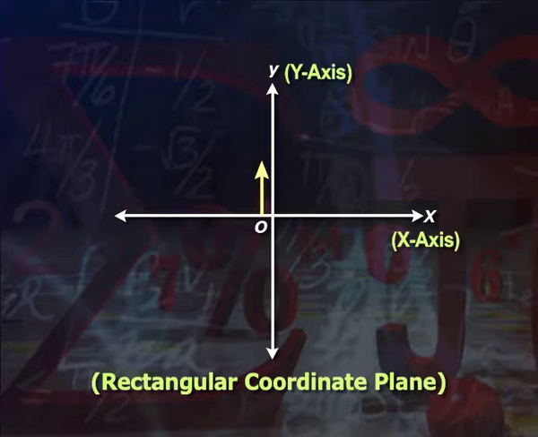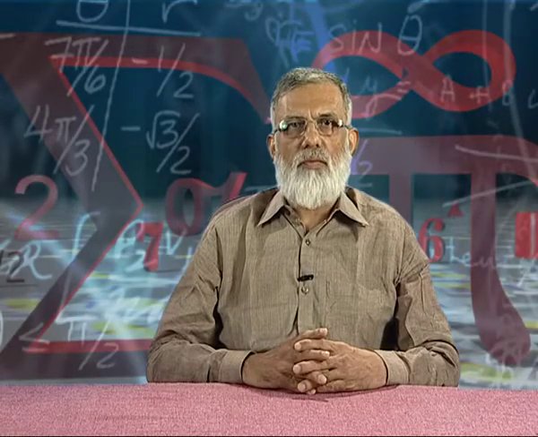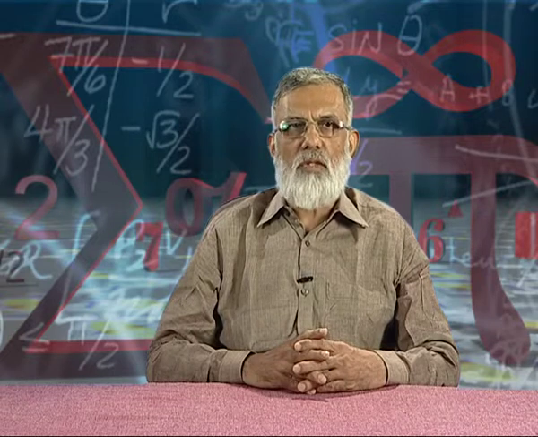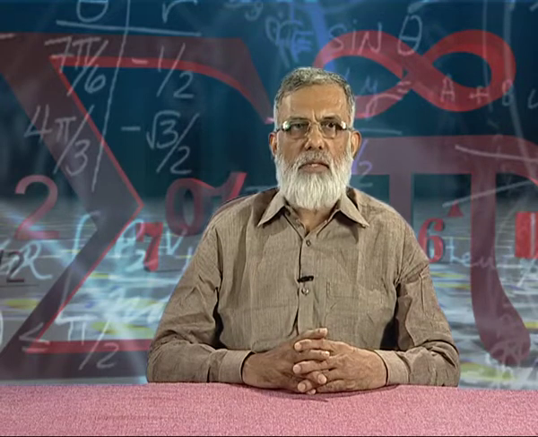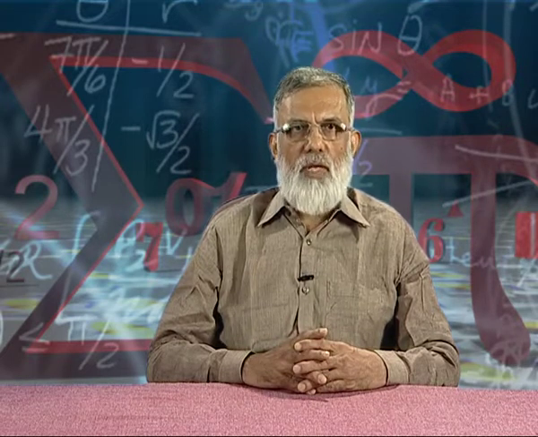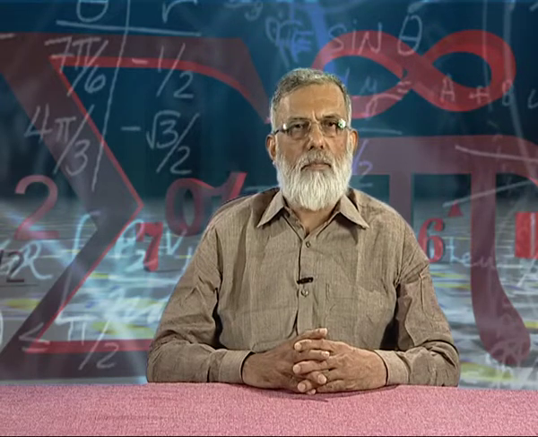Similarly, upper half of y axis is called the positive y axis and the lower half y axis is called the negative y axis. There is a one-to-one correspondence between the set of ordered pairs of real numbers, that is R square, and the set of points of a plane when we consider the plane as a Cartesian coordinate plane.